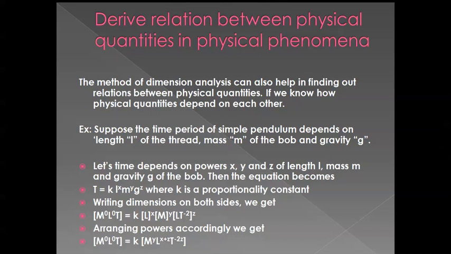A simple pendulum consists of a thread and one iron bob. A heavy point mass is suspended by a thread.